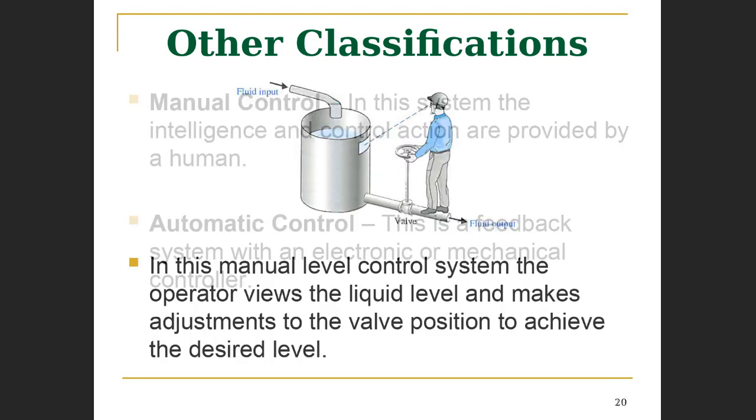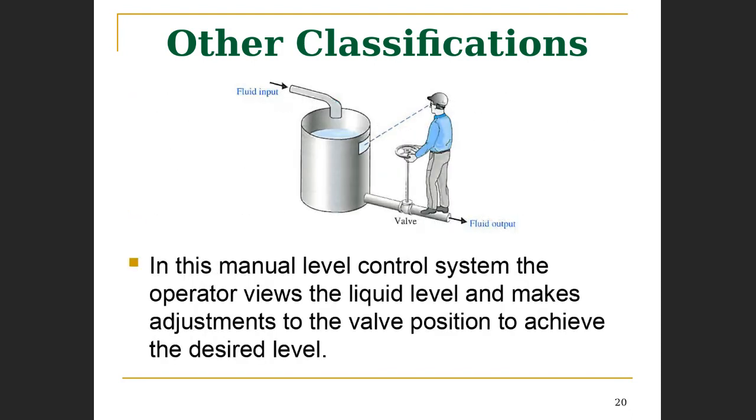In manual systems, like this one here, we have the level of a tank being maintained, okay? Now the operator is viewing a sight glass and making adjustments to a valve so as to maintain the correct level. I'm hoping that you can see that there's some amount of feedback, and here, this is not electronic feedback, right?